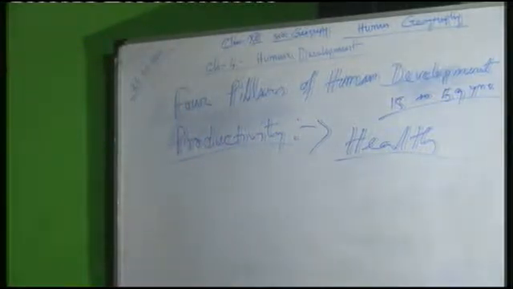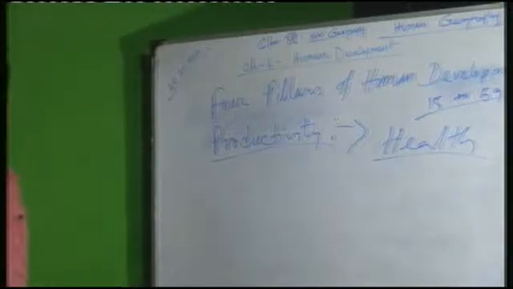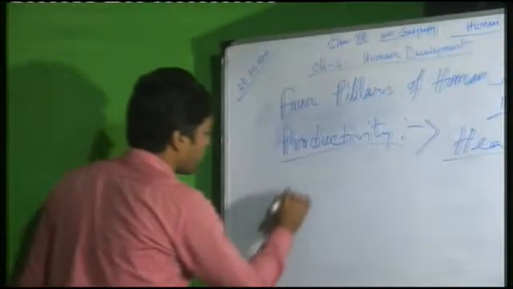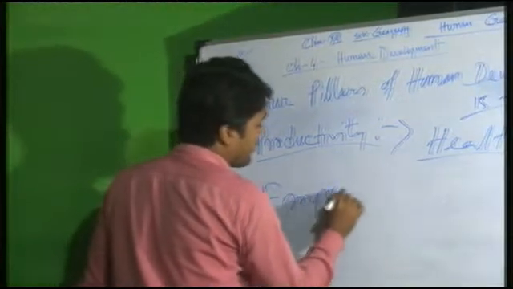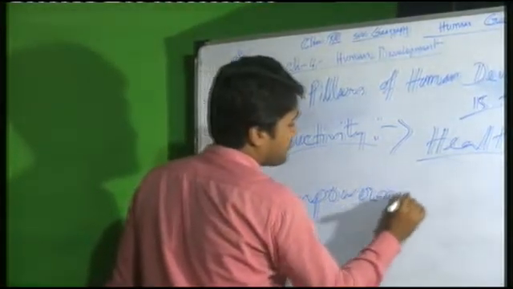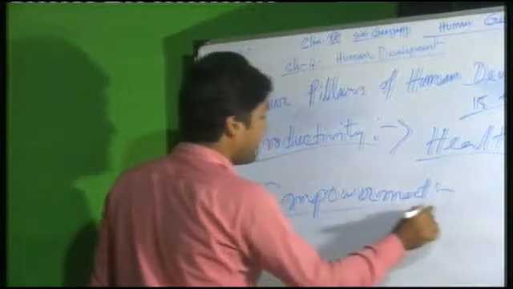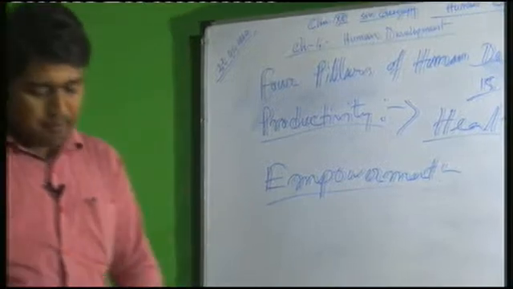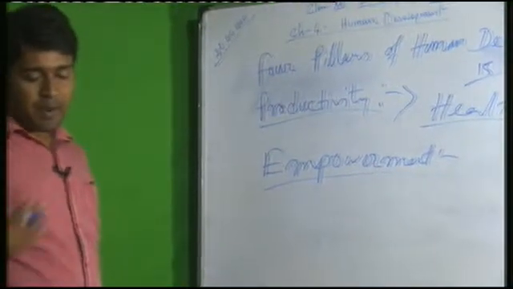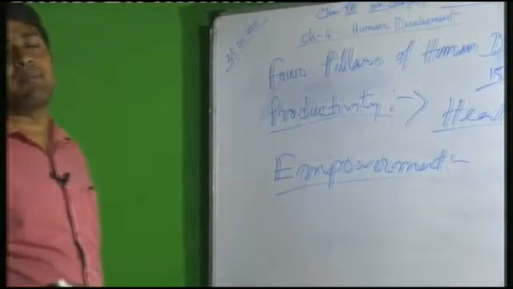Now, another portion, the last pillar, is empowerment. Empowerment means that with the help of education and health, people can make their own choices. Such power comes from increasing freedom and capabilities.